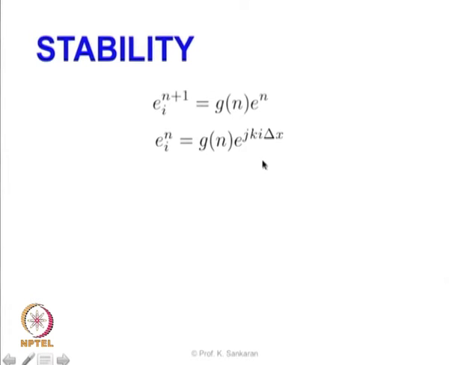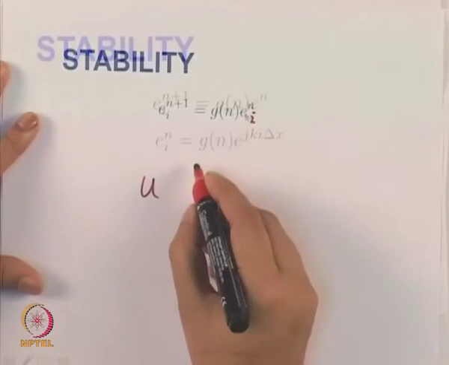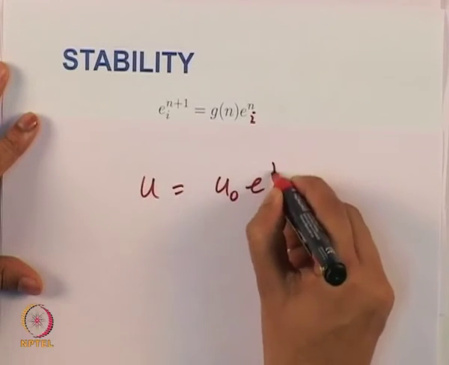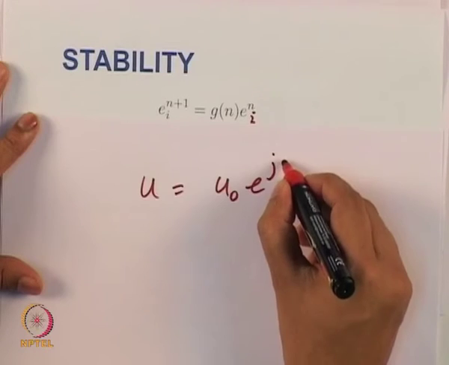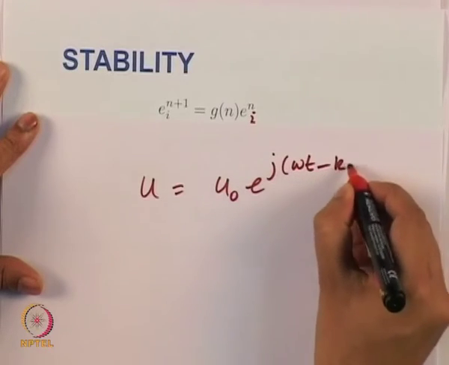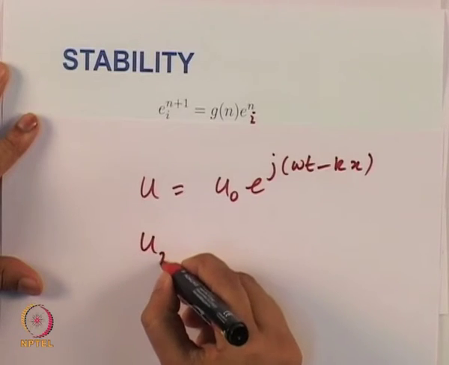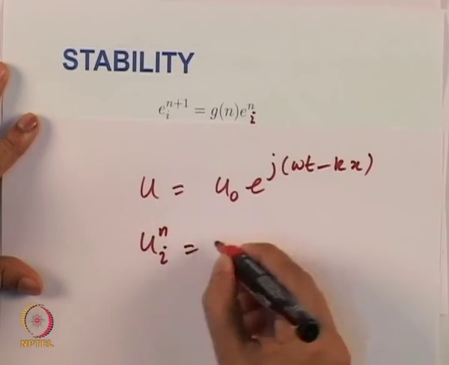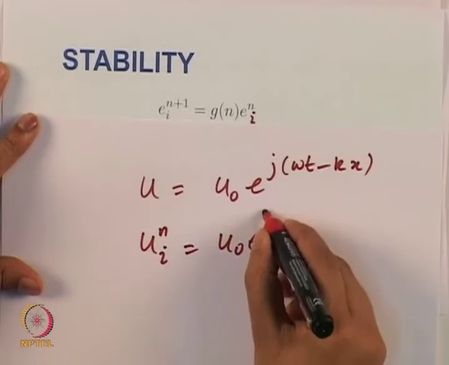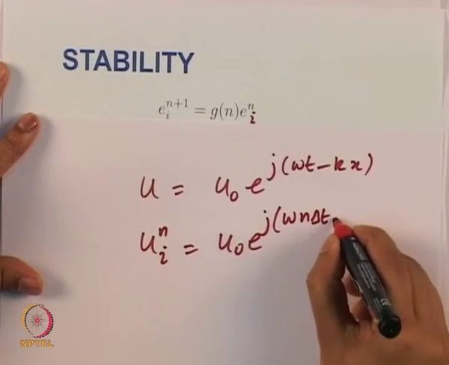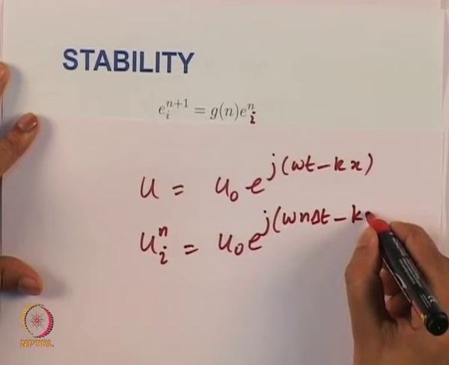It is not very important to know how we come here, but obviously we say that the wave has the behavior u equal to u naught E to the j omega t minus k x, and the finite differencing solution will be u of I of n equal to u naught E to the j omega n delta t minus k I delta x.